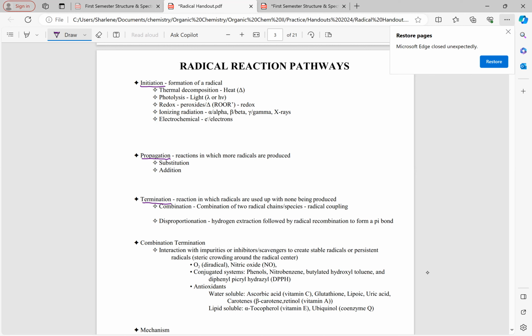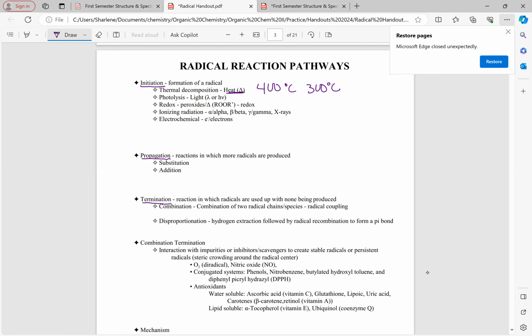Initiation. You'll always know, at least from my perspective, when I'm trying to get you to do radicals because there are going to be some unique conditions. Heat is not unique, but this is like in the 400 degrees. Not all reactions need that high, but if I ever put 400 degrees, 300 degrees, etc., I'm saying I'm supposed to be making a radical.